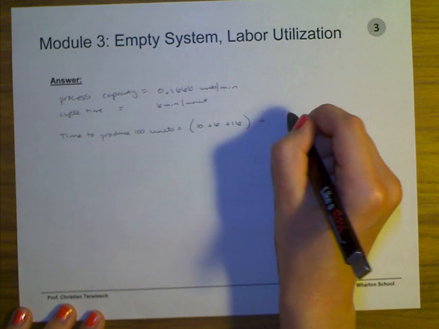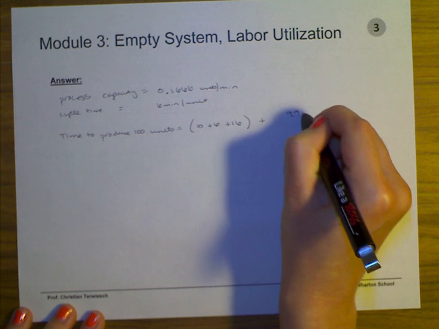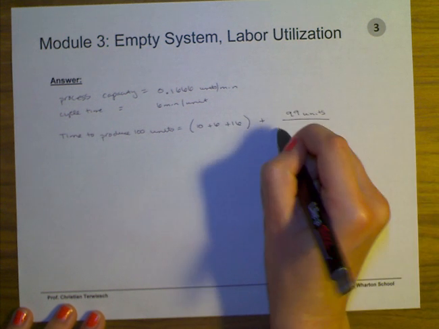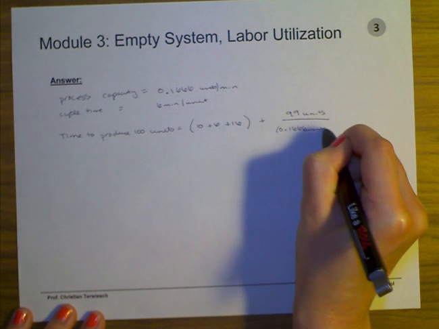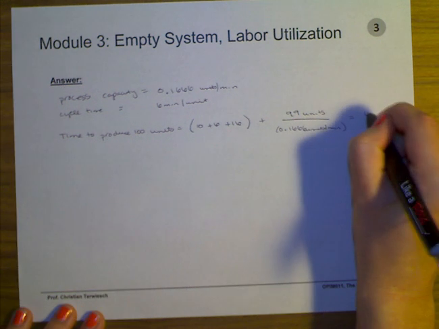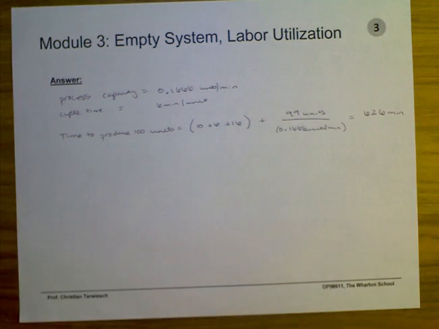And then for the remainder of the 99 units, those will each flow through the system at the flow rate. So when you calculate that, you get 626 minutes to get 100 units through the system.